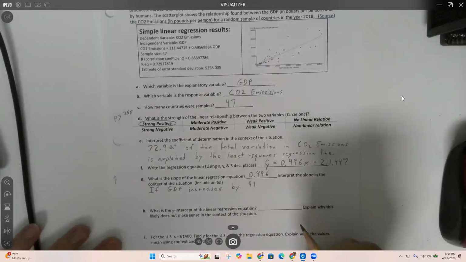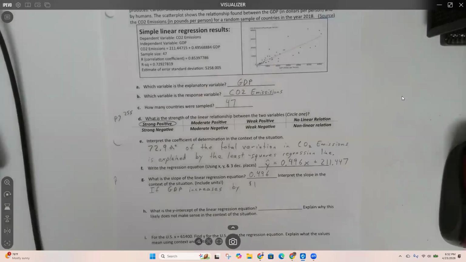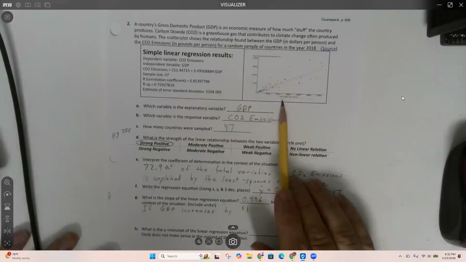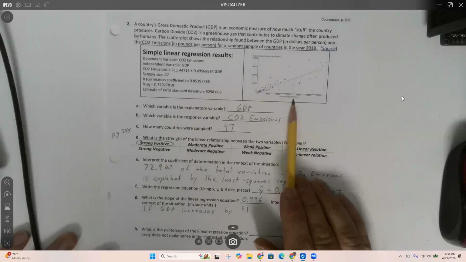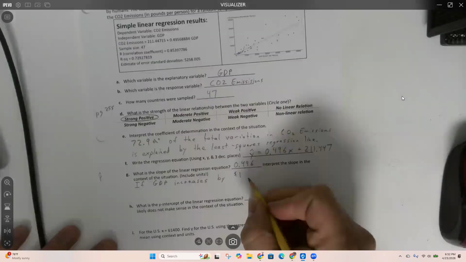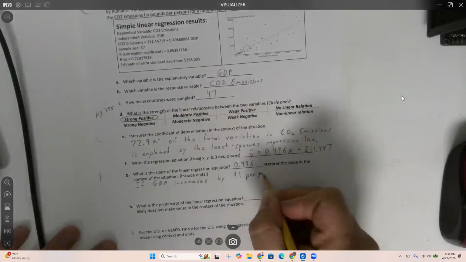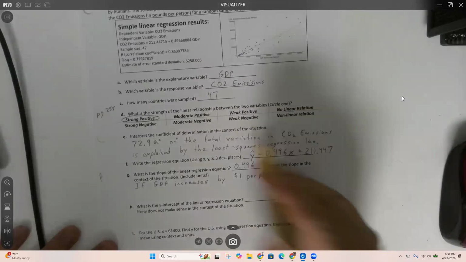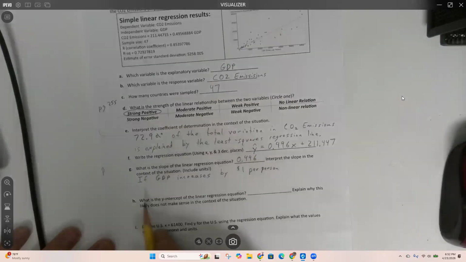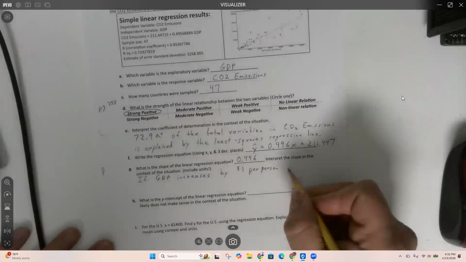What's the unit here for X? Kiwi says percent. Mike says it's dollars per person. So right here, it says that the units are dollars per person. It also says it in the paragraph here. Yep, $1 per person. So GDP increases by $1 per person.